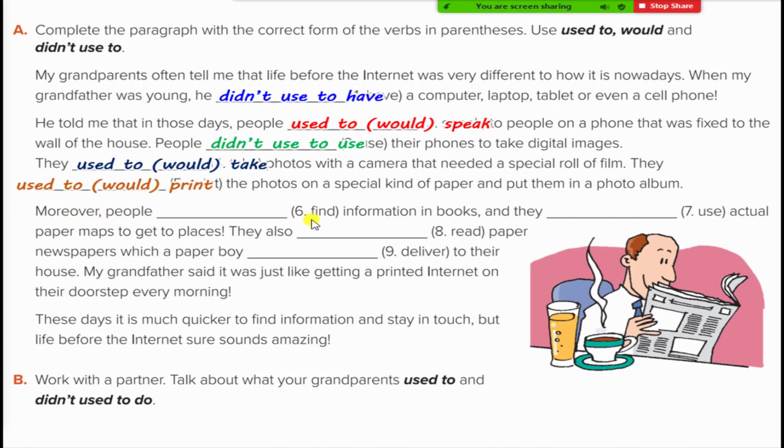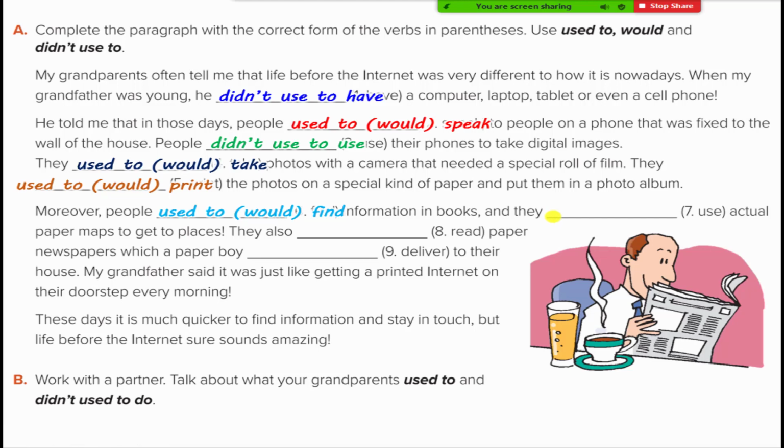Moreover, people used to find information in books, and they used to use actual paper maps to get to places.